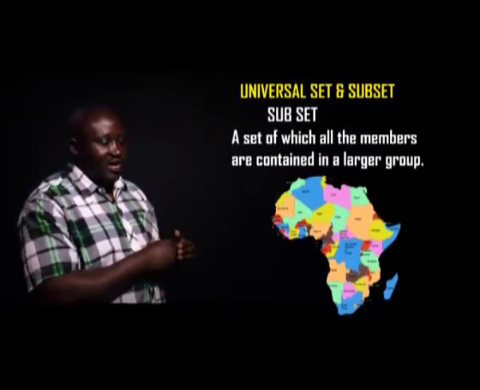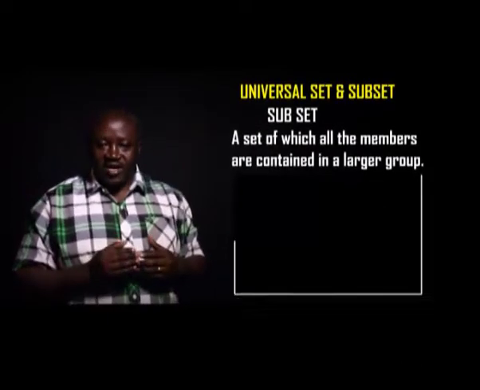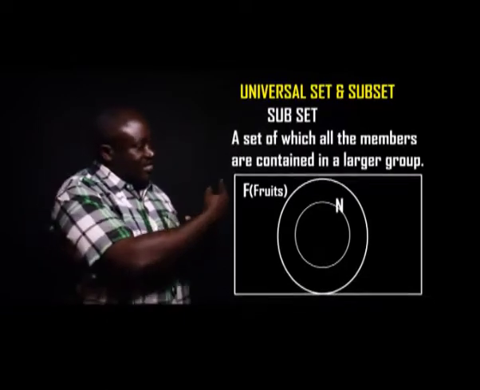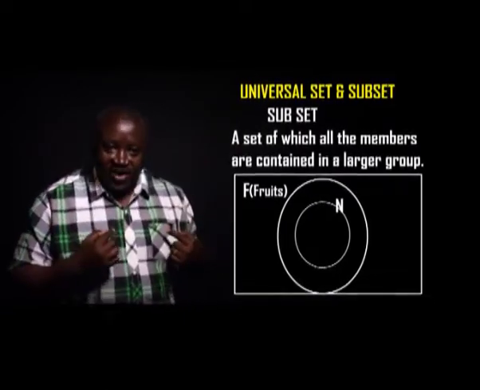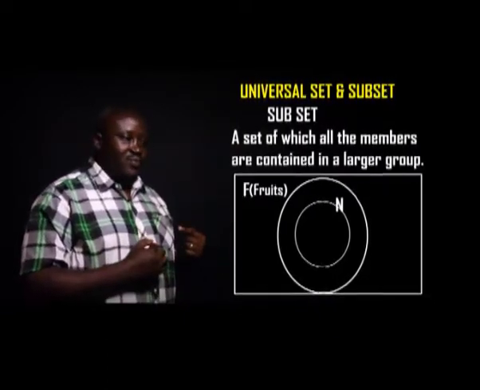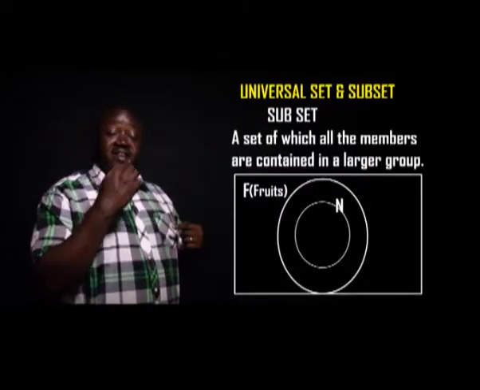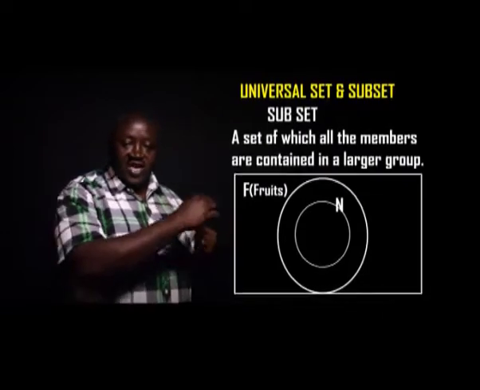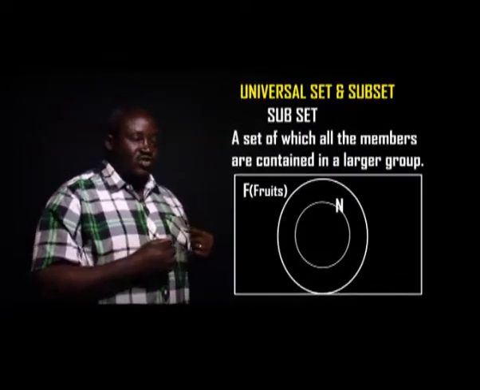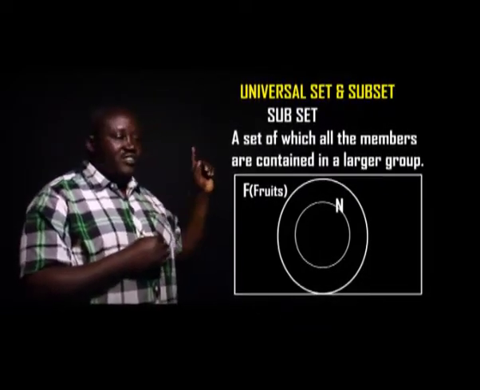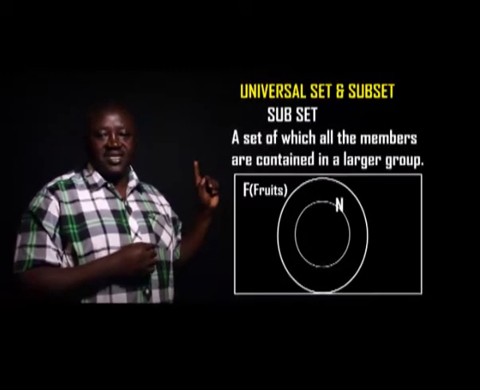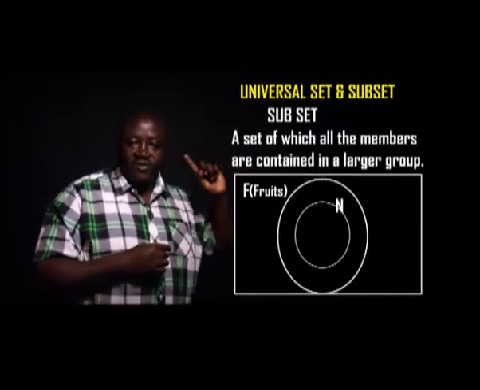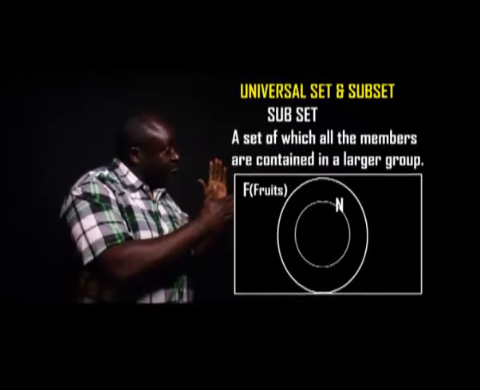Diagrammatically, we can have our diagram showing a subset. When you draw a Venn diagram, like we saw, there are different drawings. You can have a smaller subset within a big one, as shown above. Let the main set be fruits, F, representing fruits.